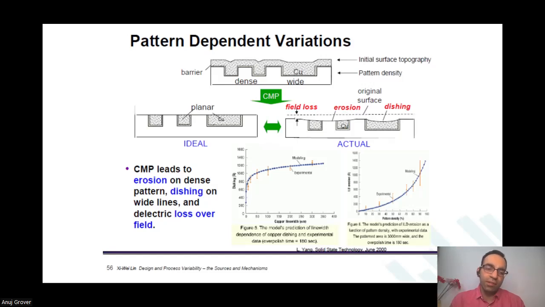So field loss is in those regions where there is not much density. You see, that is exactly what I was mentioning. When there is not much wire density, the height would reduce by only this much. But where the wires are denser, the height would reduce by a larger amount, and therefore your wires will be thinner, less tall.